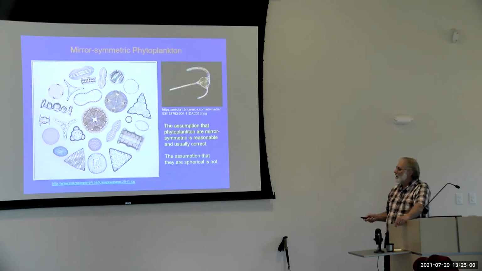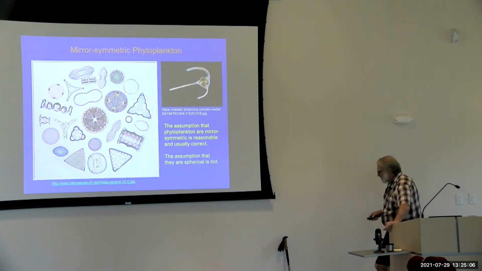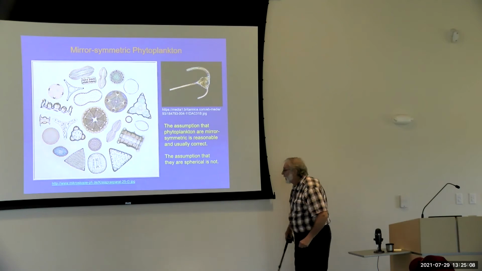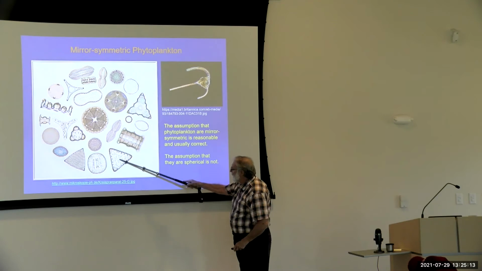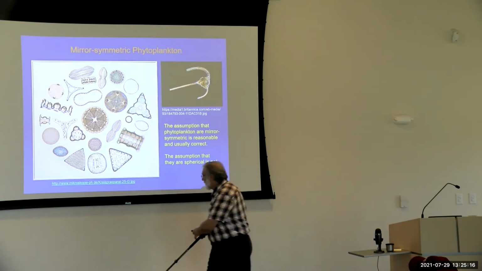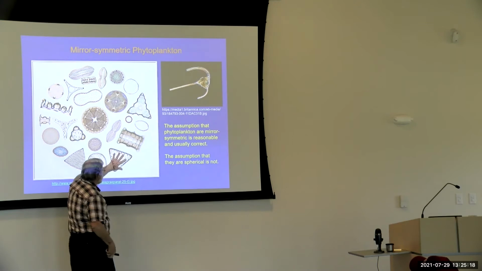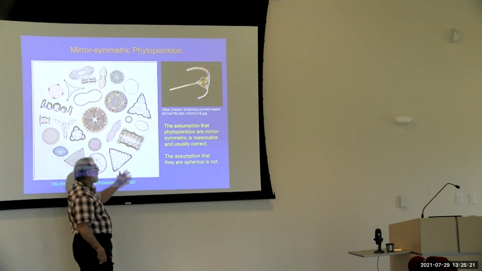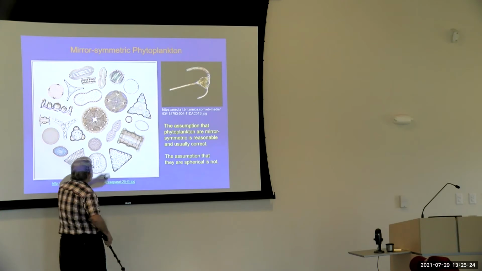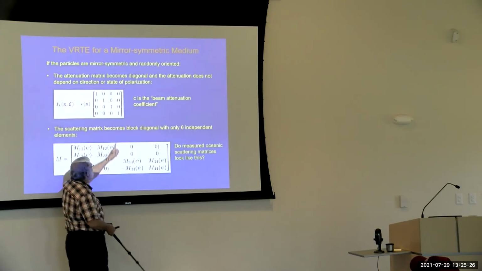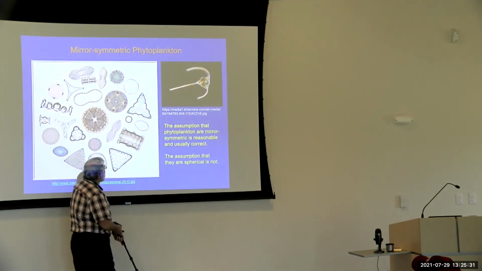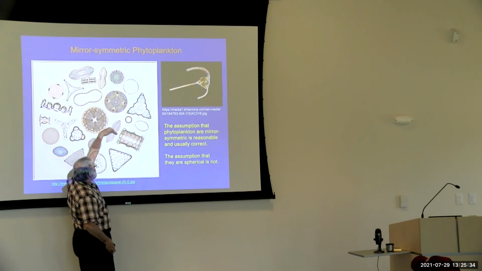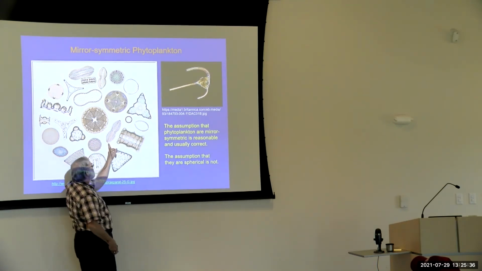Well, here's a bunch of diatoms. Every one of these guys, if you pick a plane somewhere, so for example, this guy, if you pick a plane through there and flip this guy in the mirror, then this little triangle would flip that way and it would still just look like a triangle. Or if you picked, say, this one here, you could pick a plane like this and flip it through a mirror, and it would look the same as before.